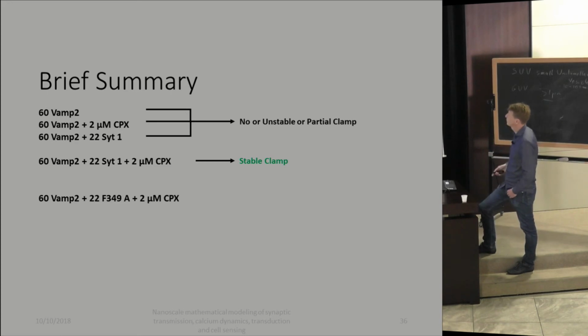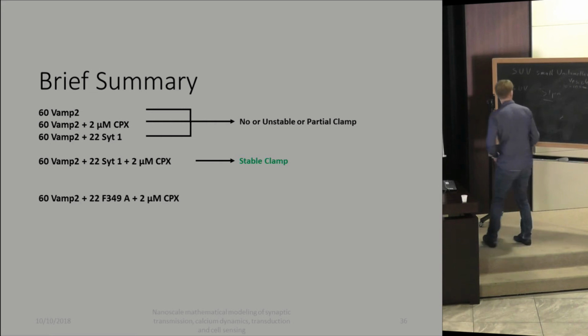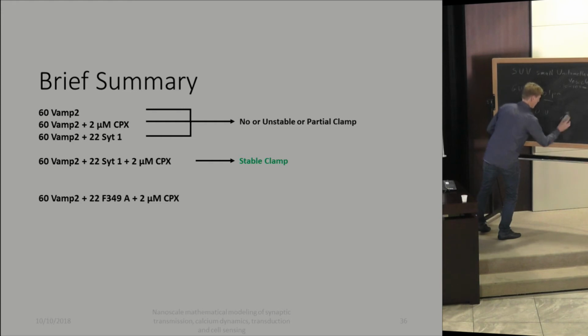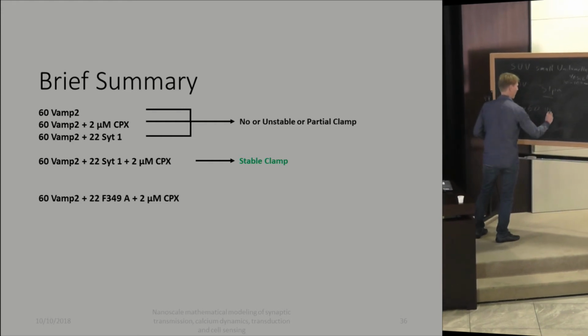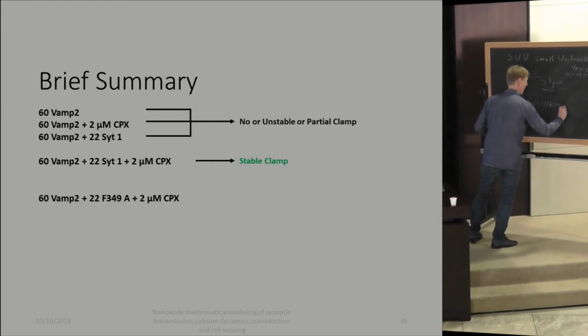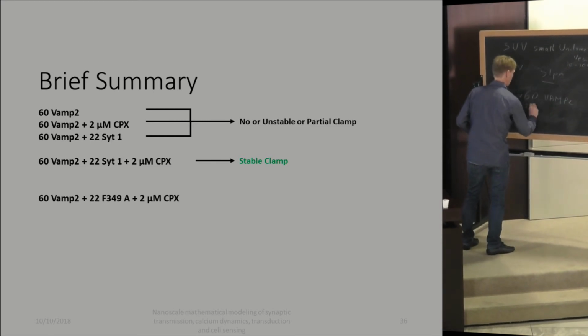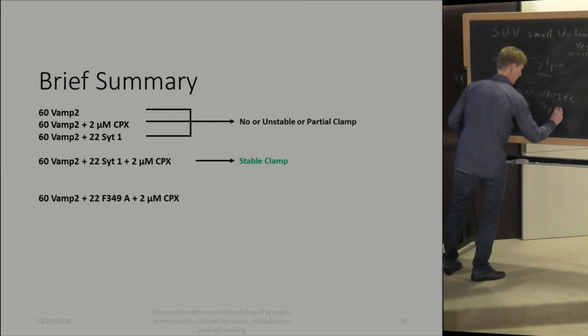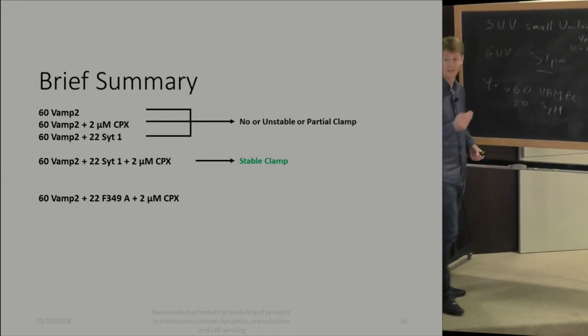So here is a brief summary of what we have observed. What I forgot to say is, physiologically, you have in the synaptic vesicles typically 60 VAMP and 20 synaptotagmin. So you have an excess of VAMP.